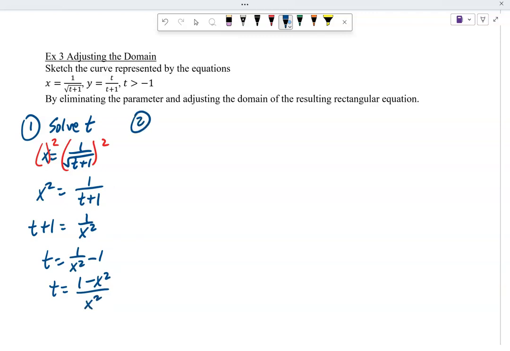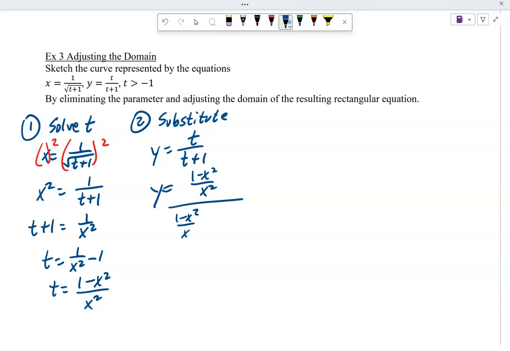And now what we'll do is we'll substitute it into the other one. We got y equals t over t plus 1. So y equals t, which is 1 minus x squared over x squared, all over t plus 1.